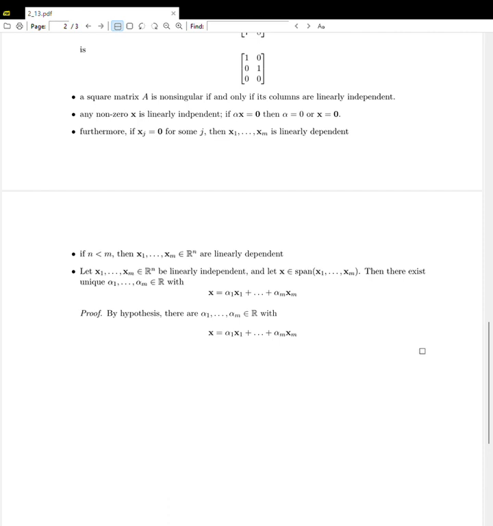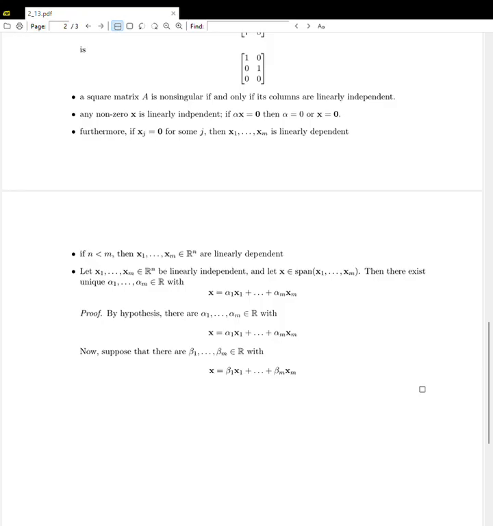I'm claiming they're unique, so now, suppose you could find other scalars with the exact same property. So, in other words, you could find scalars so that x was equal to beta 1 scaling x1, all the way up to beta m scaling xm.